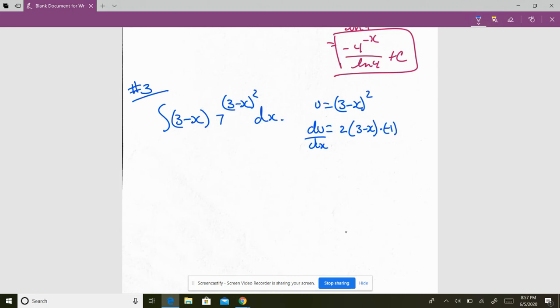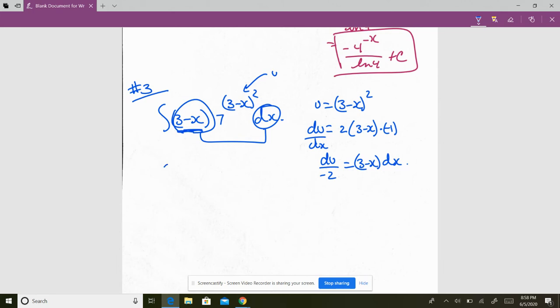Then I'm going to multiply the dx up. I'm going to divide off the negative 2 because I need to get rid of this and this. So I'm going to get du over negative 2 is equal to 3 minus x times dx. So that takes care of that. We've already taken care of that because it was u.